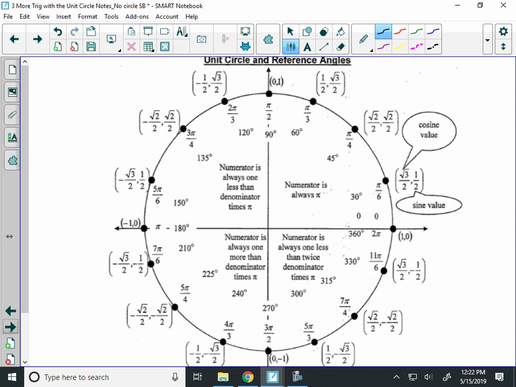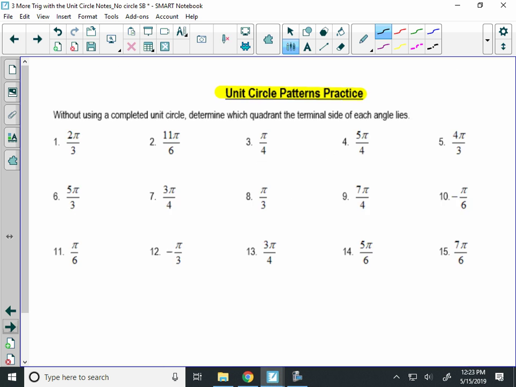But when you get to a problem like this, this is different, this is just asking you for the quadrant that you finish in. But suppose I say, what is sine of 2 pi over 3? Your test or your quiz next week will not have questions like what quadrant is it in.